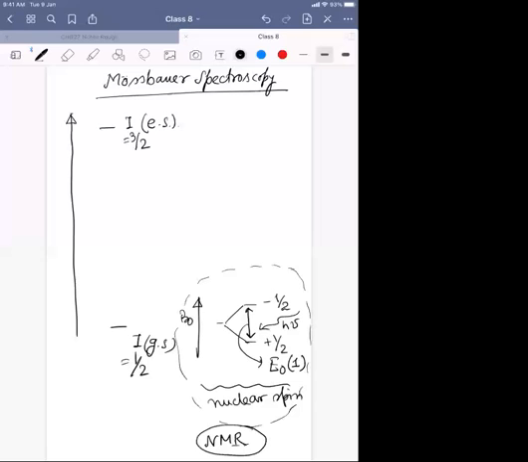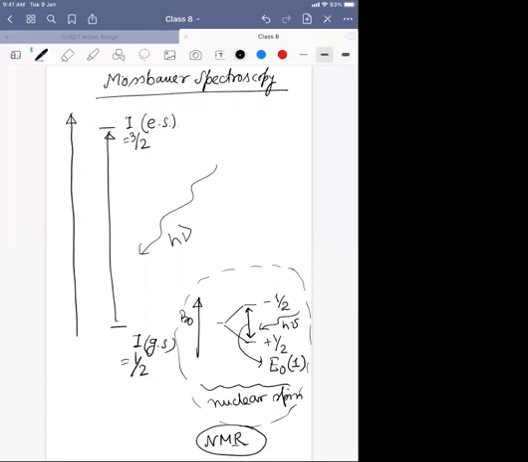And then there's also the possibility that I give enough energy so that I can modify this I equal to half ground state and let it go to the excited state I equal to 3/2. Over here, what is actually changing is the overall distribution of the neutrons and protons, how they're combining.